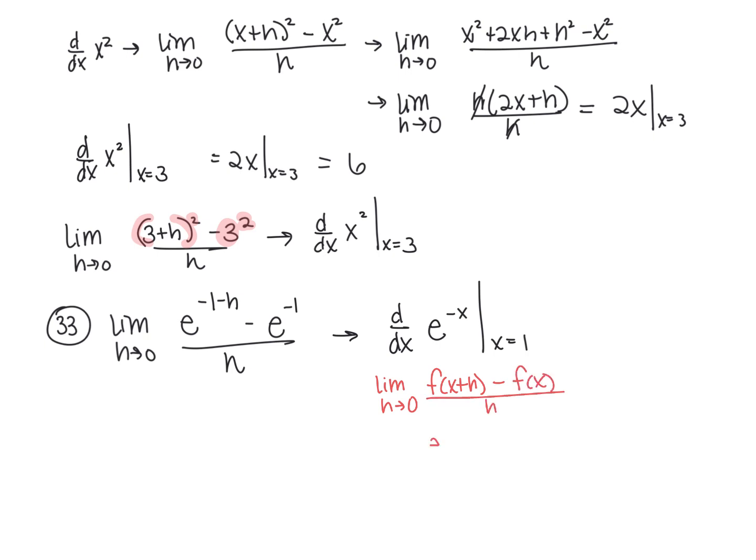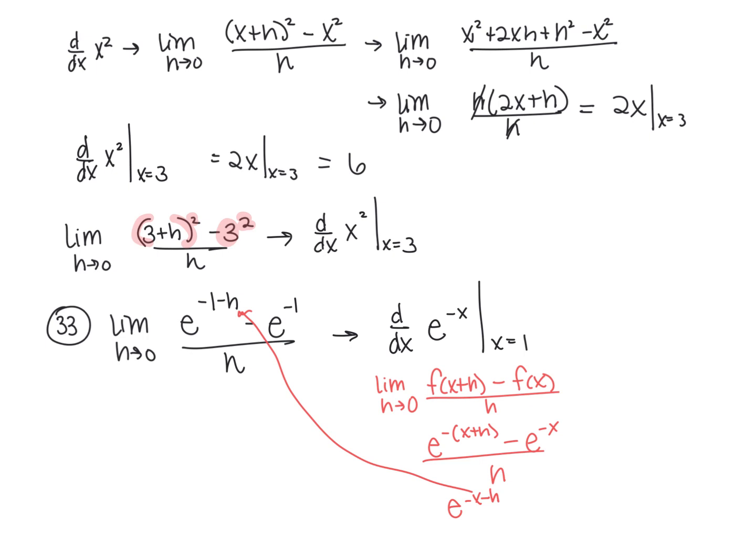f of x plus h would be e raised to the negative x plus h, minus e to the negative x, over h. Simplifying the numerator, we'd get e to the negative x minus h. And you can see that this fits the pattern we have right up here. That's why it's negative x.